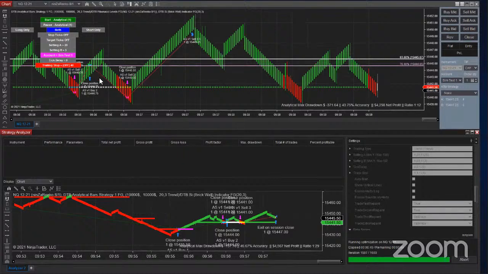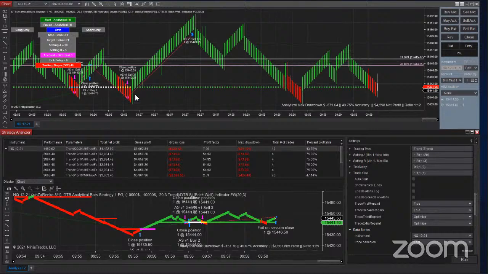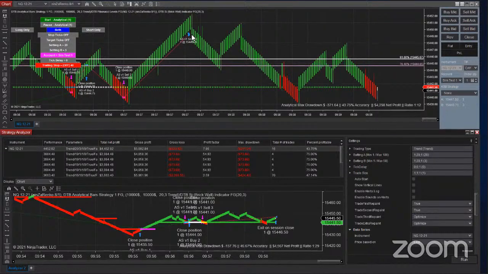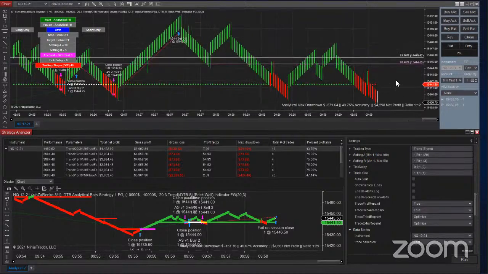So the problem of having a trailing stop is the last position was in a sell and it hit its trailing stop, and now the price is coming below that level. So that's often what trailing stops do.